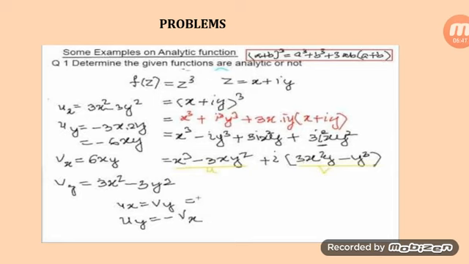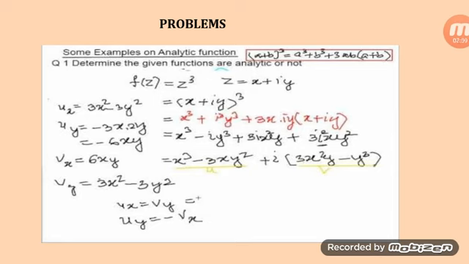Similarly, uy, we differentiate with respect to y, so you will get minus 3x into 2y, so 3 twos are 6, so minus 6xy.